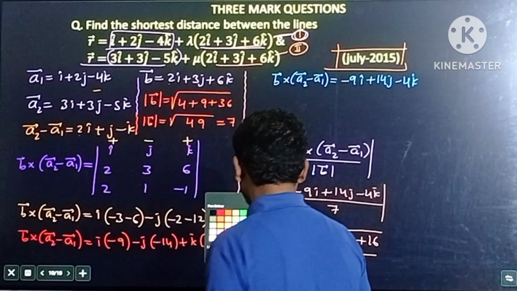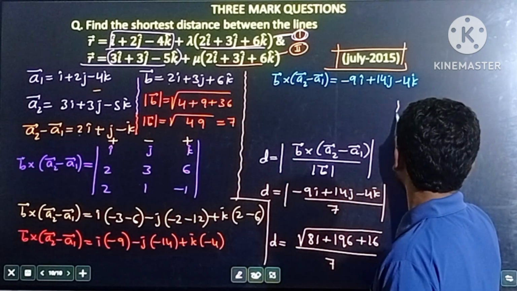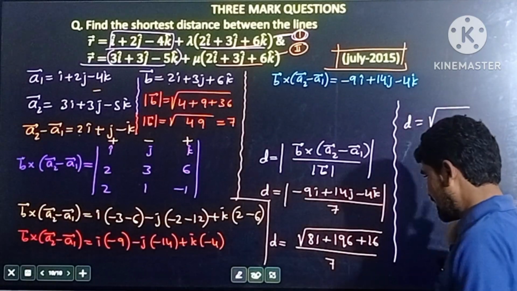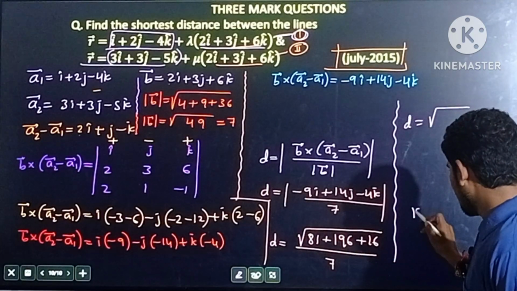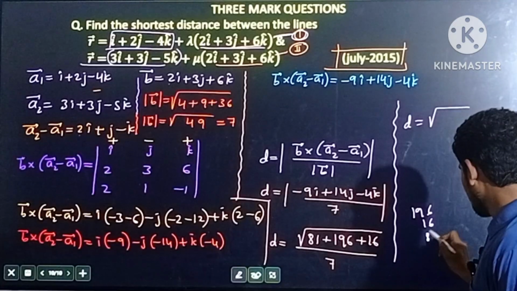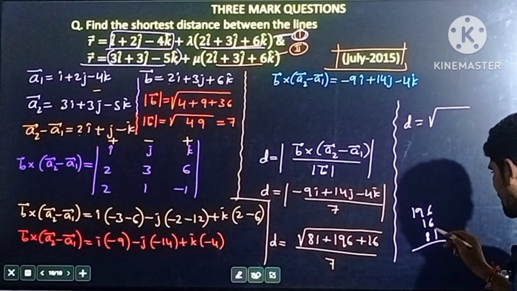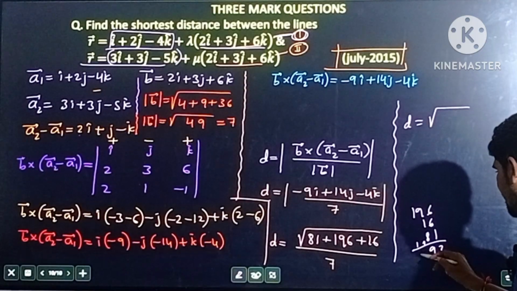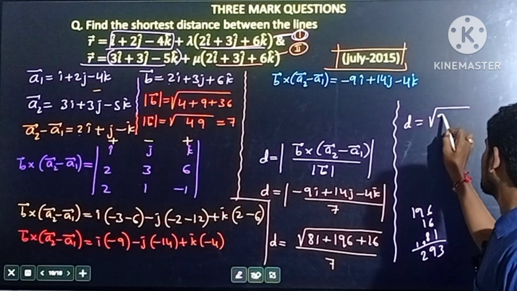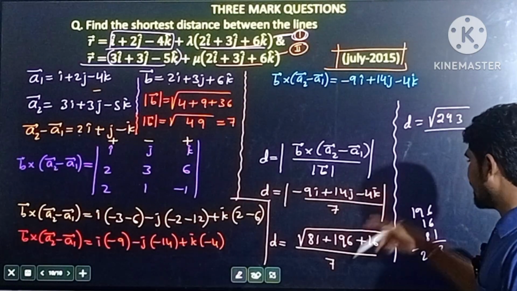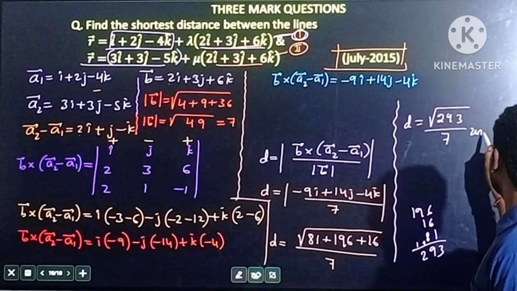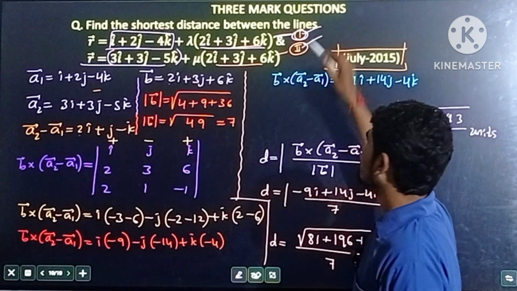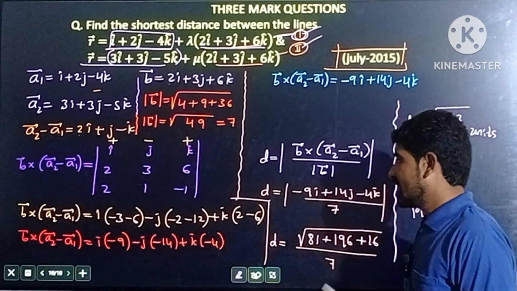So the required distance D is equal to the square root of 196 plus 16 plus 81, which is 293, divided by 7 units, the required shortest distance between these two given lines. I hope all of you understood.